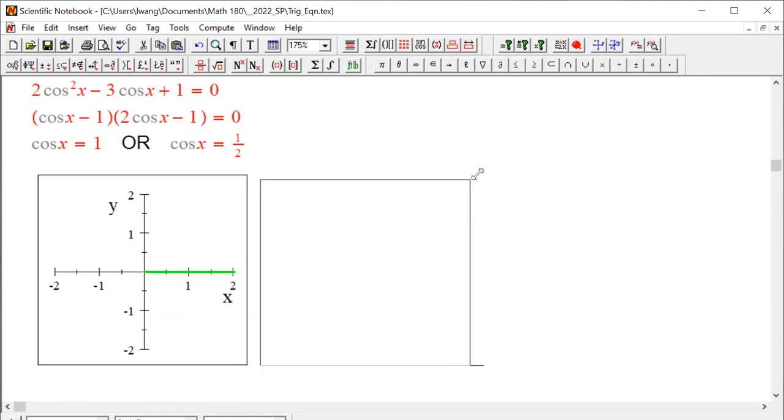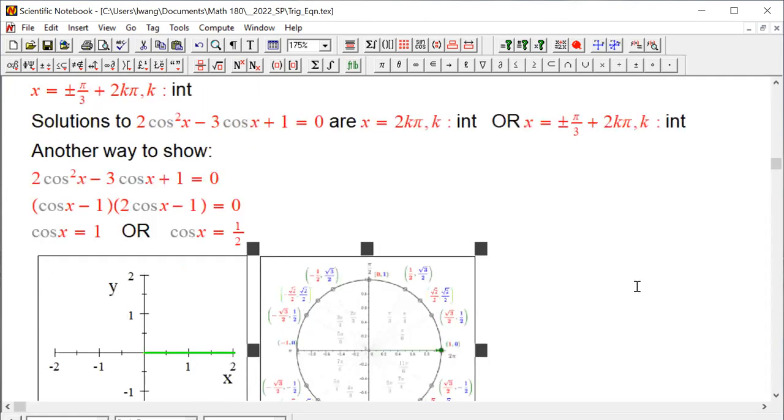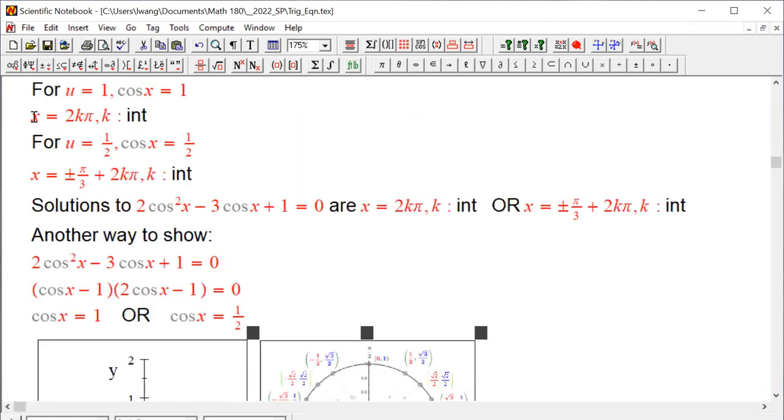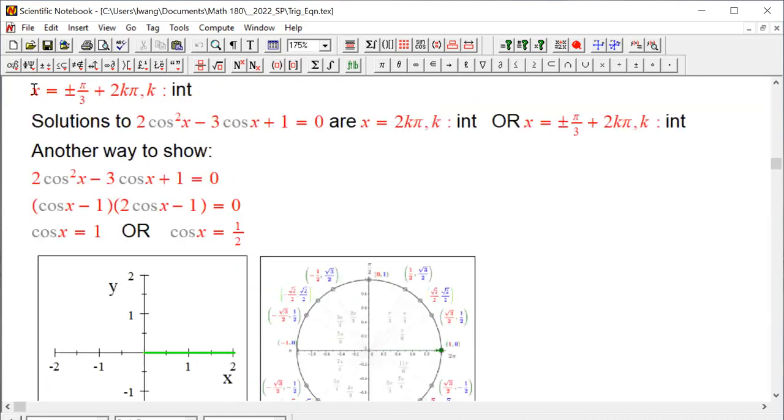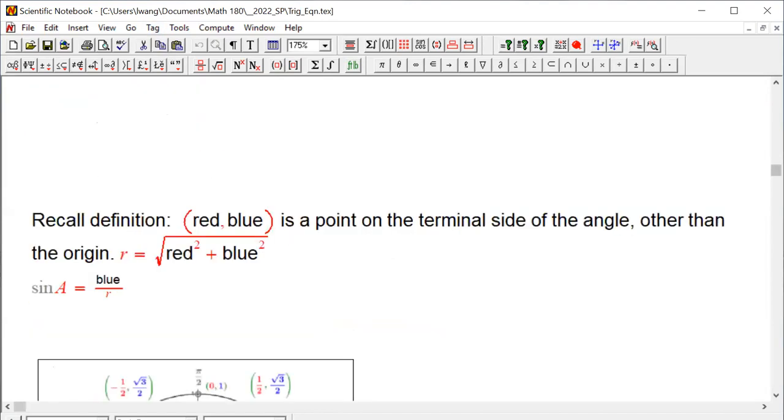Okay, so you get your solution. So you have x equals this. This way you see your work is much shorter. And the other piece you're going to show is, or, right there.